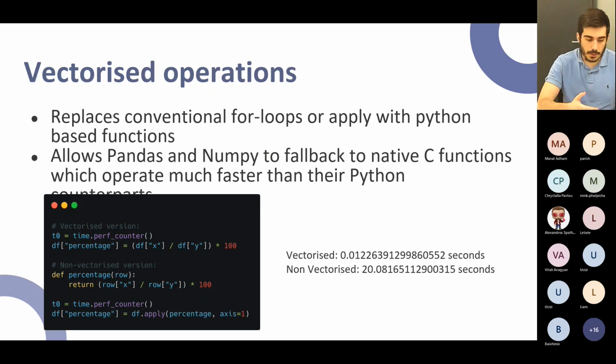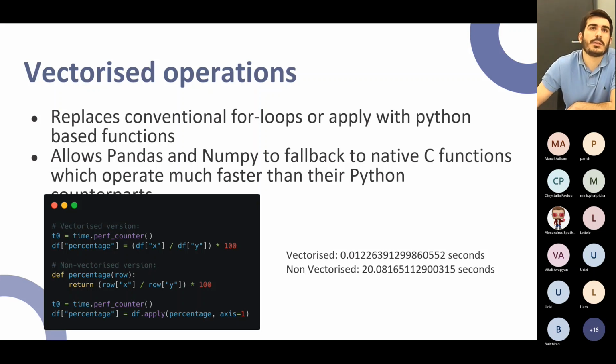So when you apply the same operation to every row of a column, you can use apply or iterate through it with a for loop, but that's not efficient. And just by restructuring your code to run in a vectorized manner, you can get a huge boost in speed.